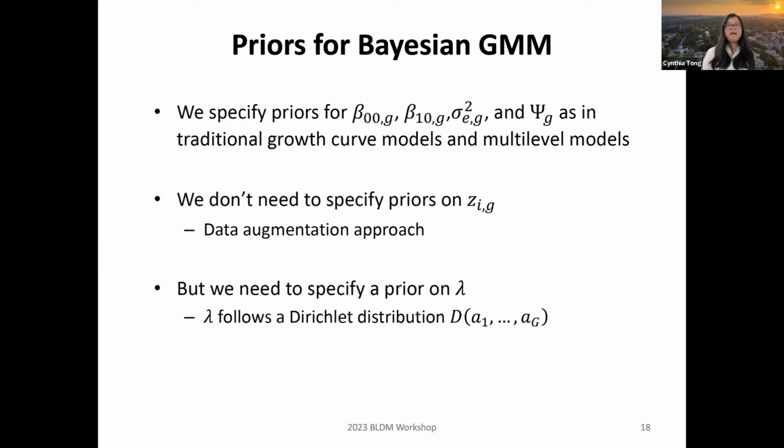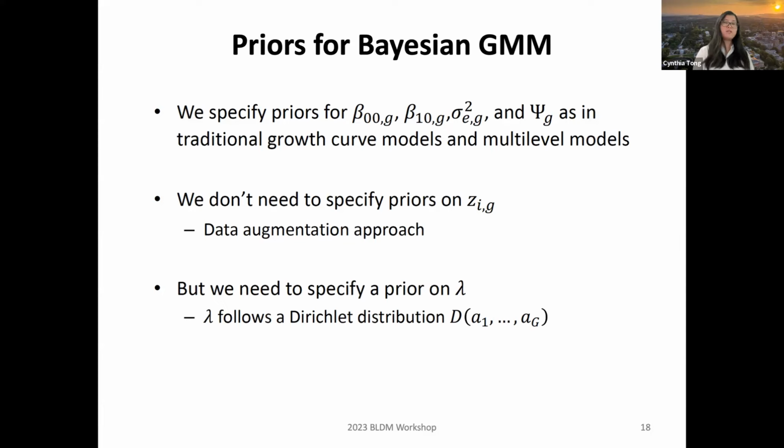Okay, and we can just specify priors for those model parameters, just as what we did for traditional growth curve models. We don't really need to specify priors for the group membership, because it can be sampled with the data augmentation approach. But we do need to specify a prior for the parameter lambda, which is the class proportions.